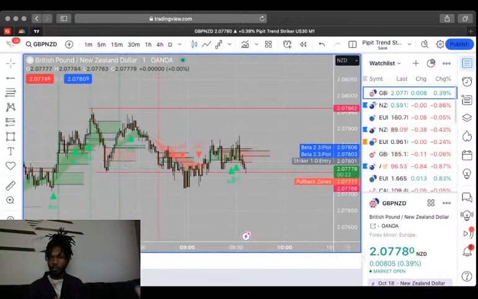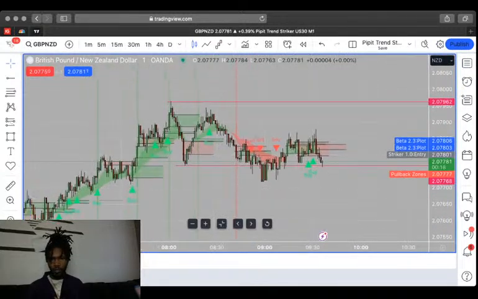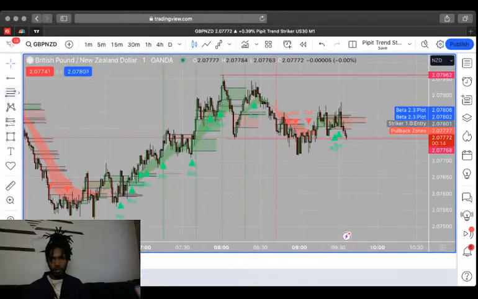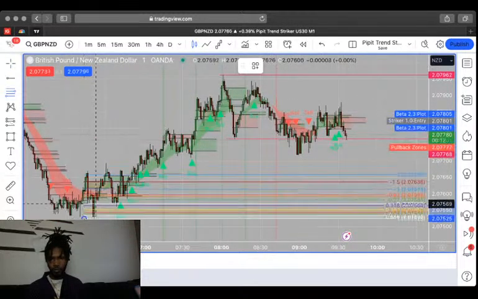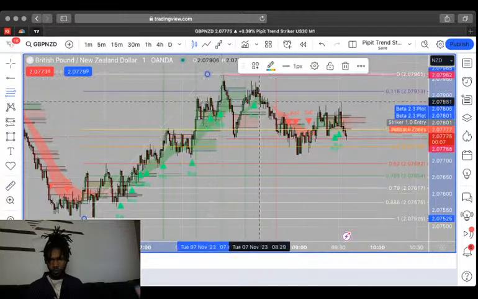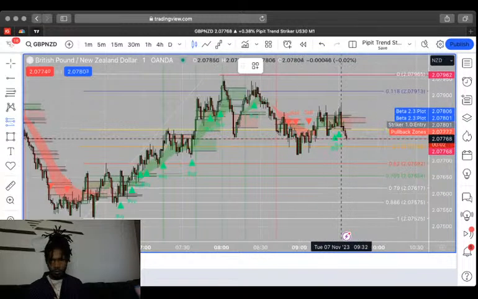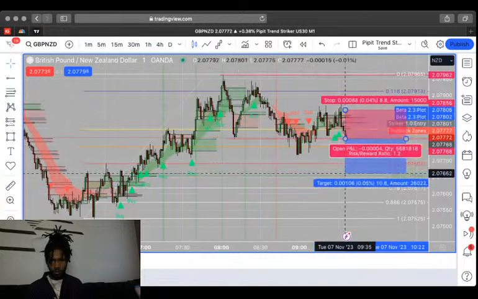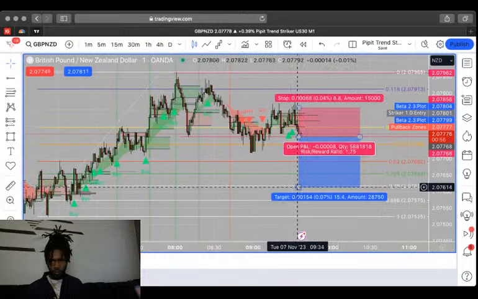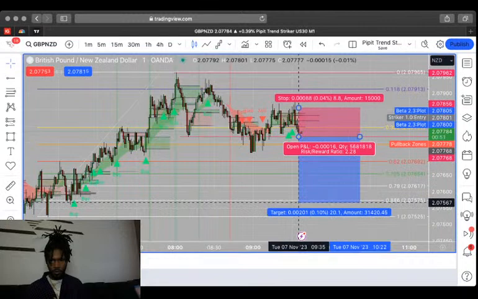Alright, so we got a possible setup for the sell coming for GN. Let's see. It's a 20 point stop loss.